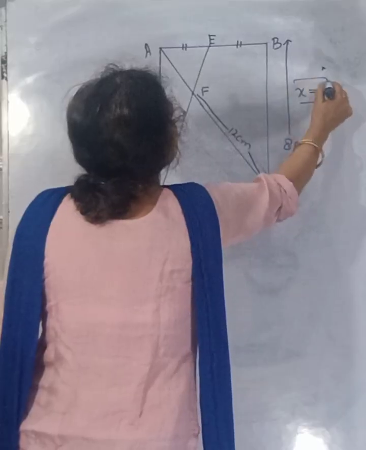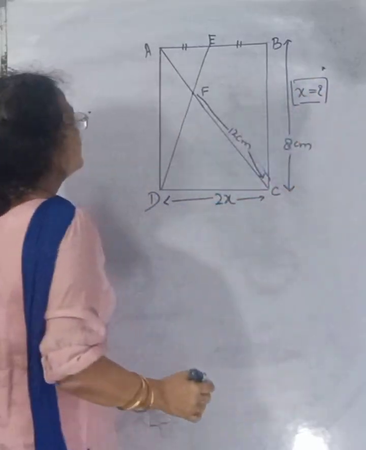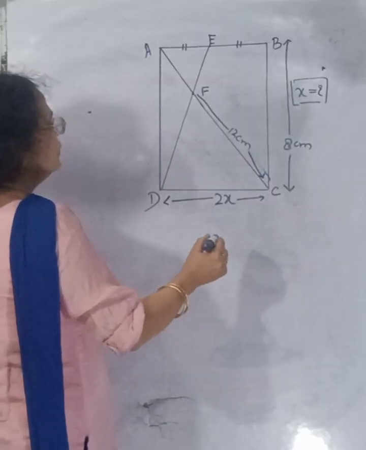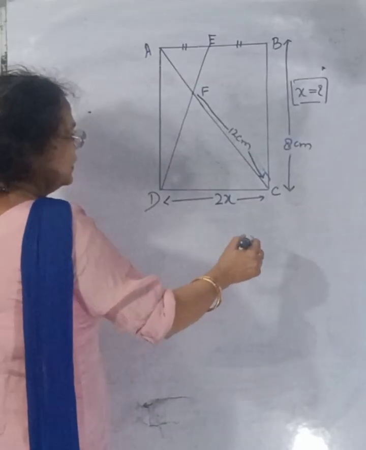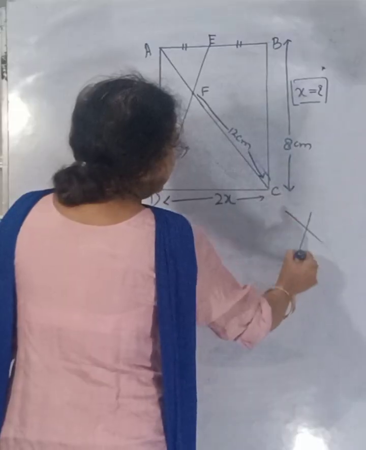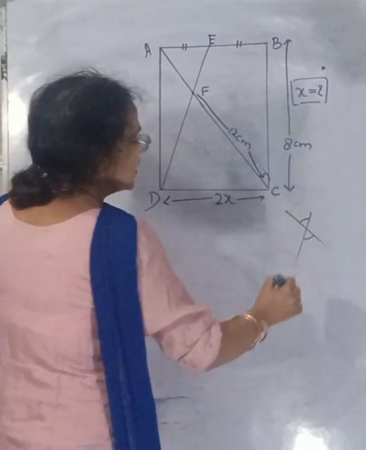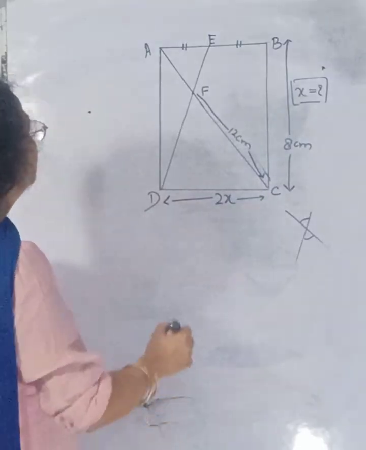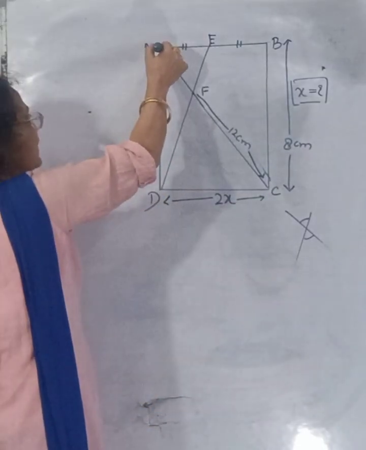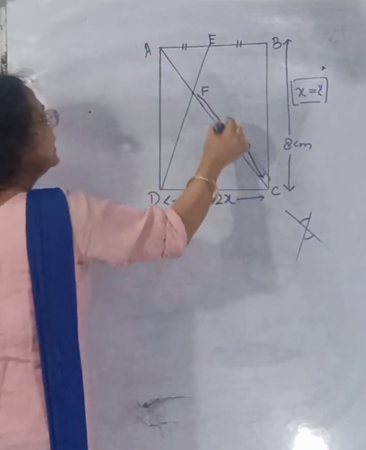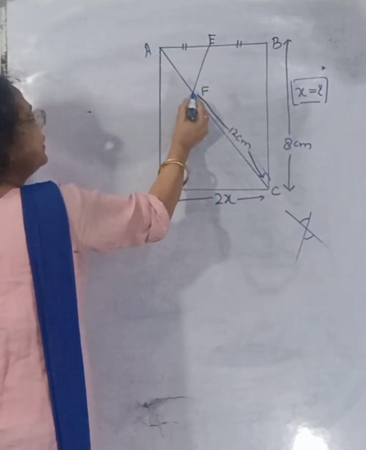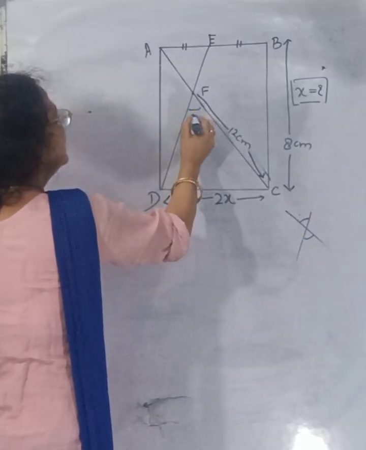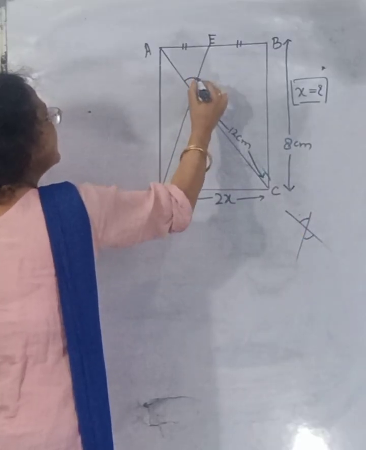This is the problem. Now, as we know the rule, when two lines intersect each other, the opposite angles are always equal. These are the two lines which are intersecting each other, AC and EF, at point F. So this angle will be equal to this angle.